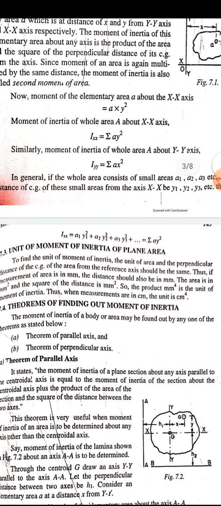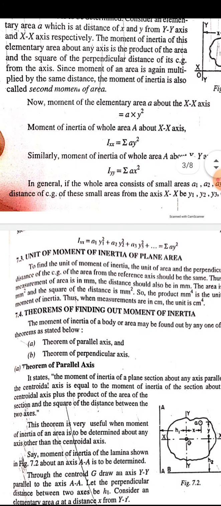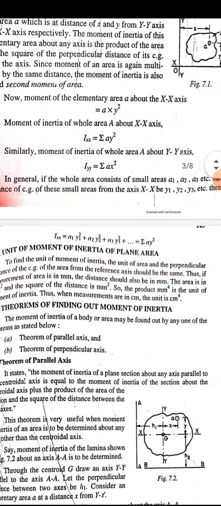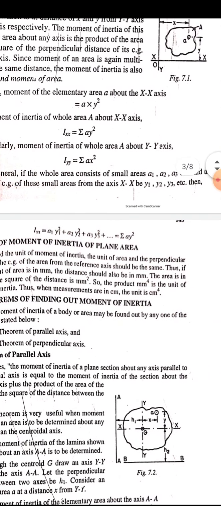Unit of moment of inertia of plane area. This is important. Semester question arise, the unit of moment of inertia. Unit is mm to the power 4 or centimeter to the power 4 or meter to the power 4.